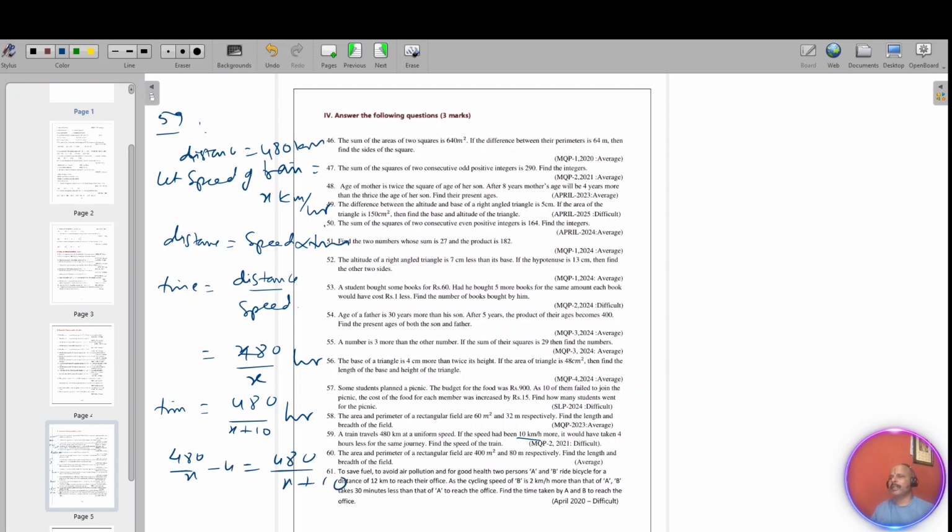Remember, this is very important. There was some speed of the train which is x. Or you can say 480 by x minus 480 by x plus 10 will be 4.